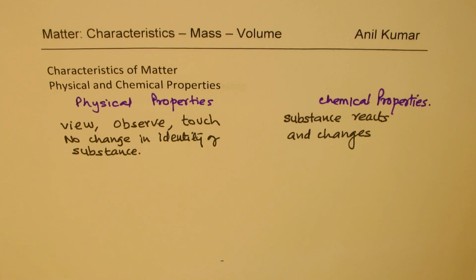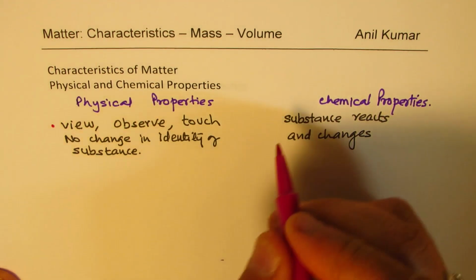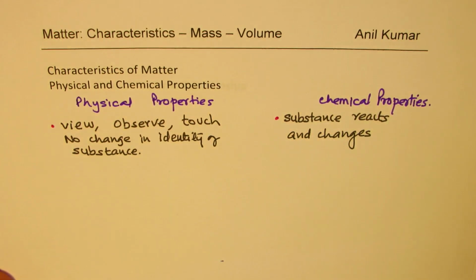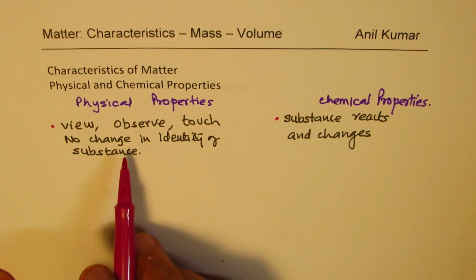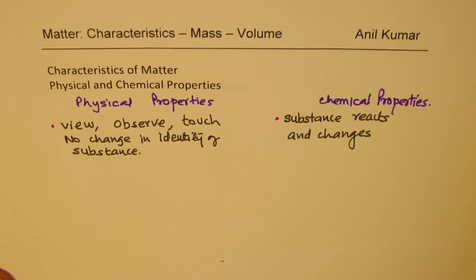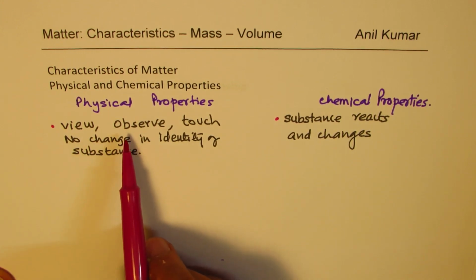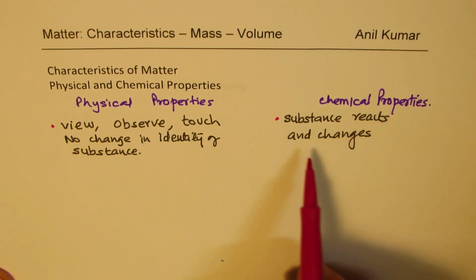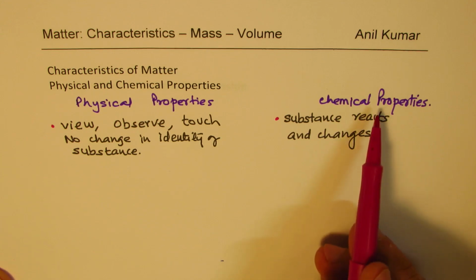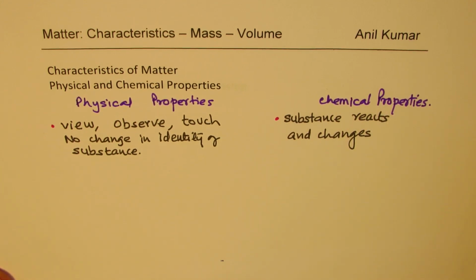So in physical property, whatever we say is because of our observation, where nothing is changing as far as the substance is concerned. Right? There could be observations of burning, but the substance reacts and changes. So that will be chemical property. You understand?